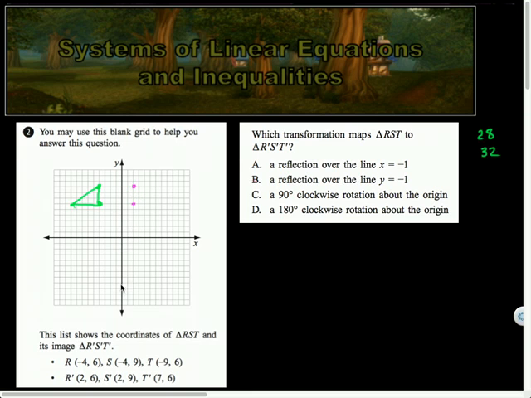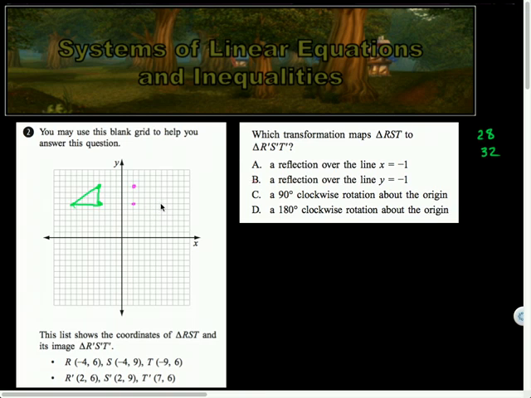Okay, I think I've got some evidence. Boy, this is interesting. Let's keep going. And T is going to be at 7, 6, so over 7 up 6.